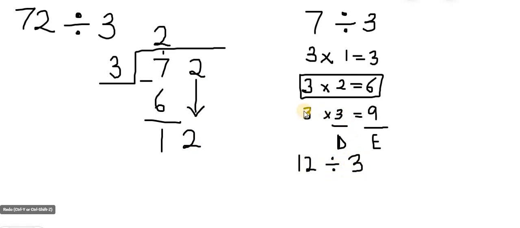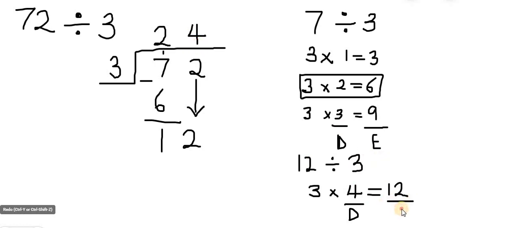So I'm just going to continue the 3 times table. Okay. So, surprise, surprise, 3 times 4 is 12. So, under the D column again, the number of 3's in 12 is 4. So we put that above the 2.